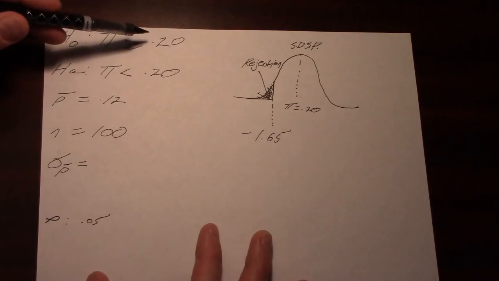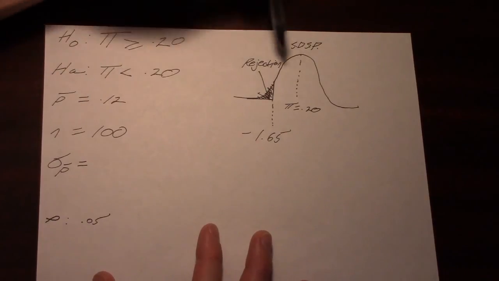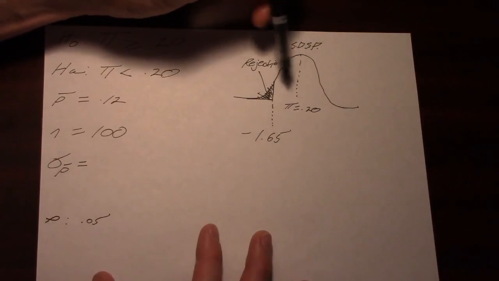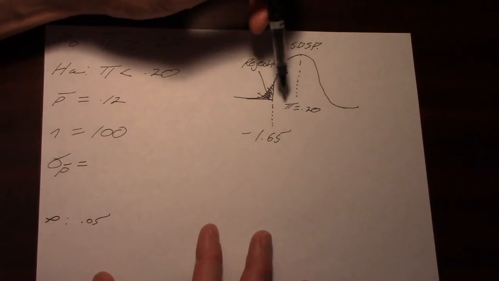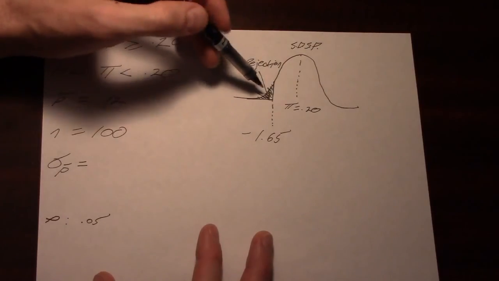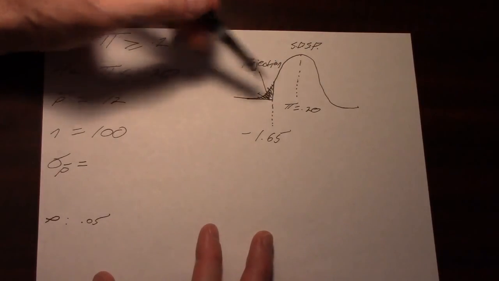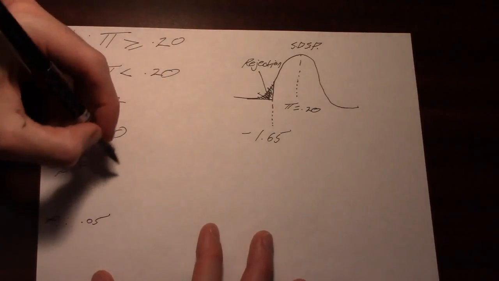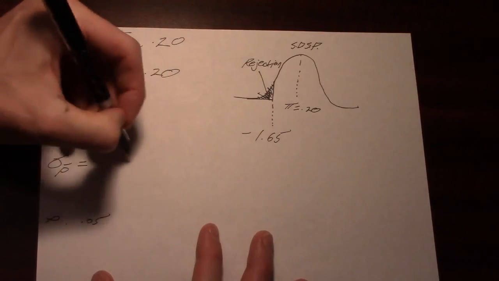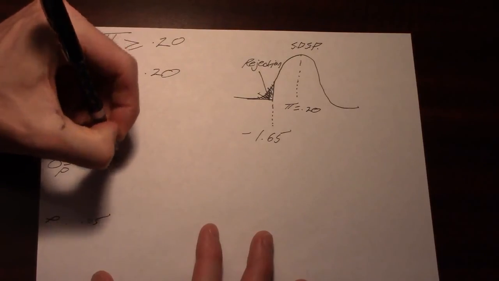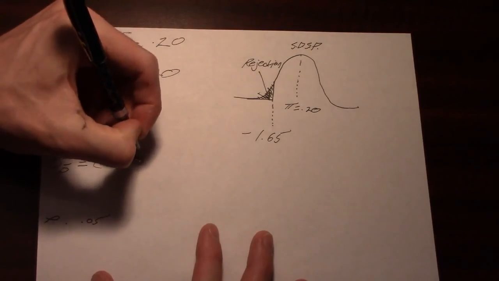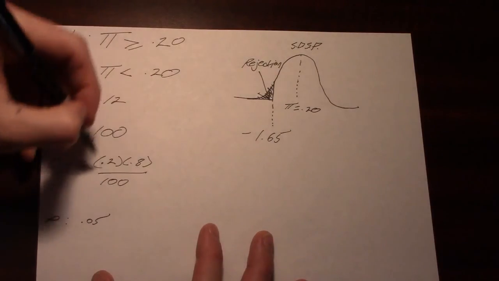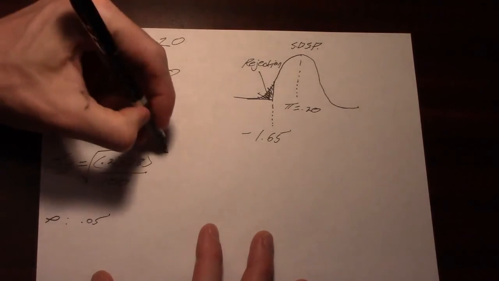We're going to assume the assumption is true, and we're going to see what the standard deviation would be under that assumption. And if the sample falls in that 5% under that assumption, then we're going to say it's not true. So let's calculate our standard error. It's going to be 0.2 times 1 minus 0.2, which is 0.8, divided by 100, square root of that whole mess.